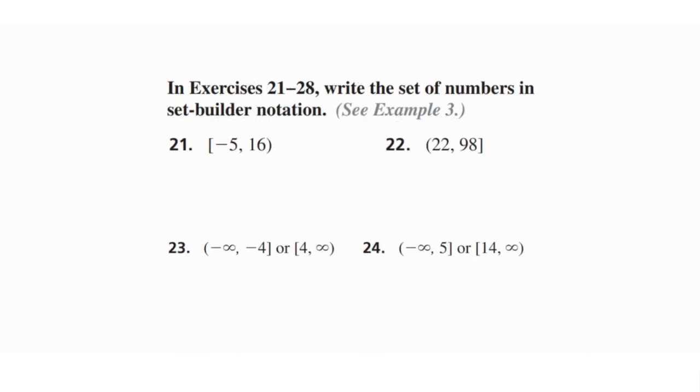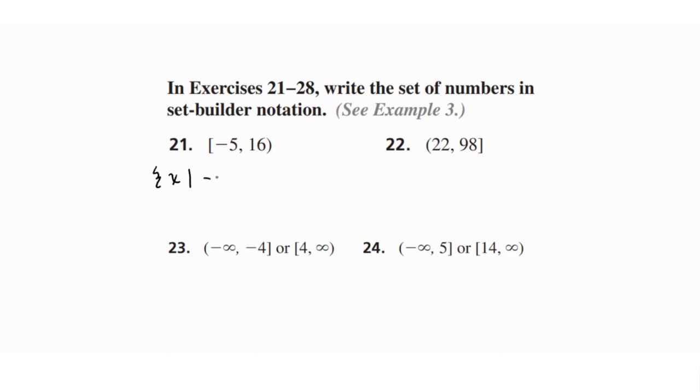All right, in our next example, we're going to write the set of numbers in set builder notation. So we have closed bracket -5, comma 16 parenthesis. So we're going to say curly brace x, all x, such that, and we're going to use a compound inequality here.